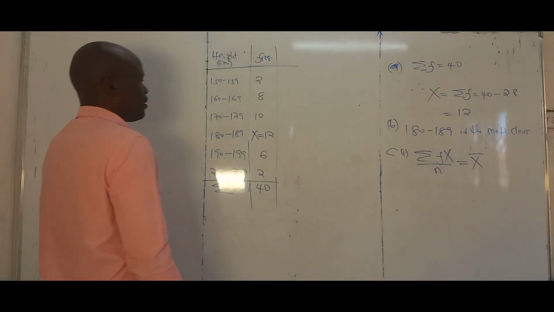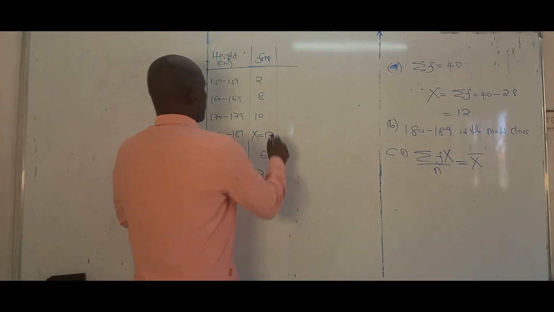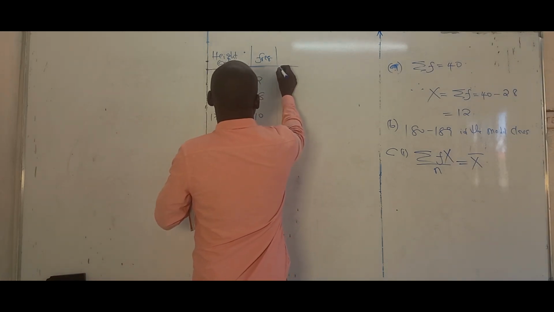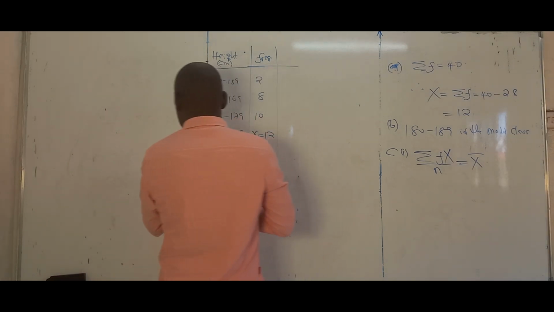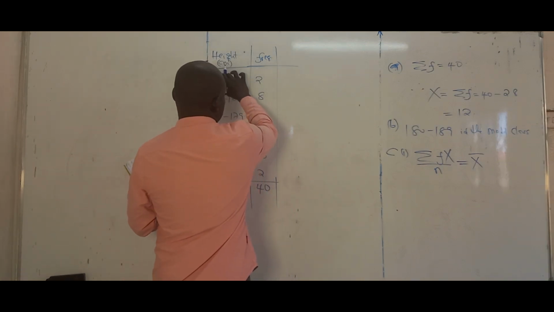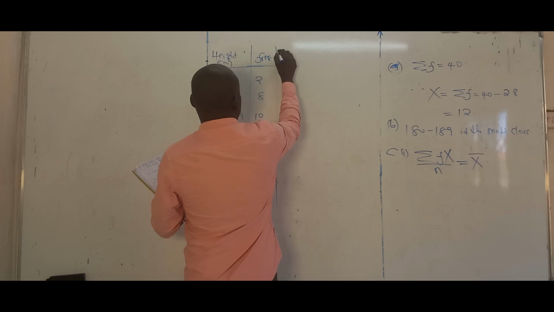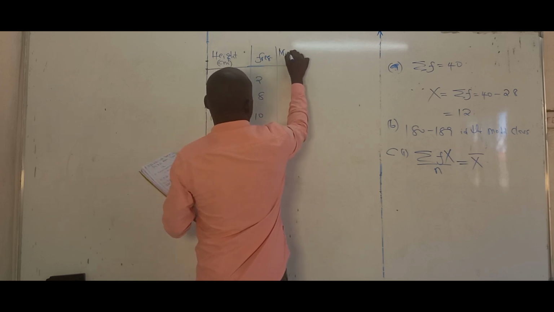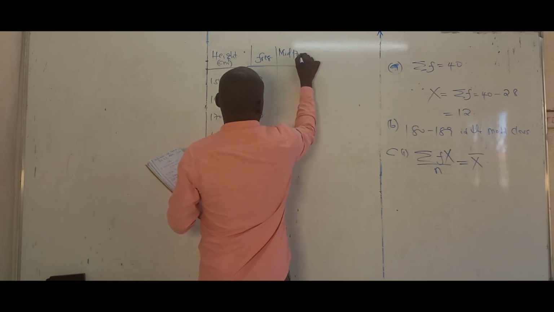But what's our x? So we'll define what we refer to as the midpoint. For us to define x, we need the midpoint here, because this is a class interval.